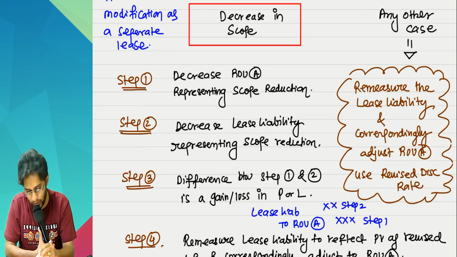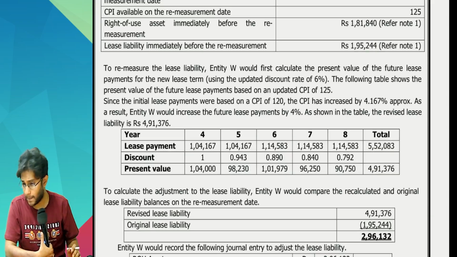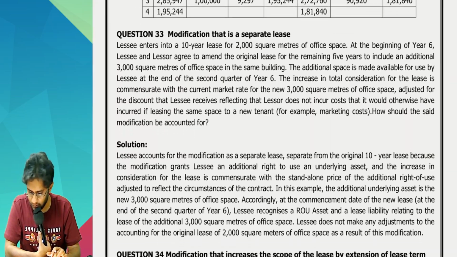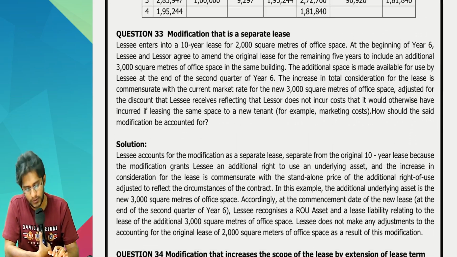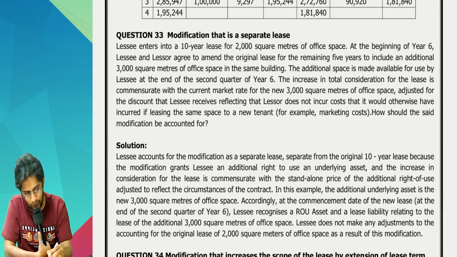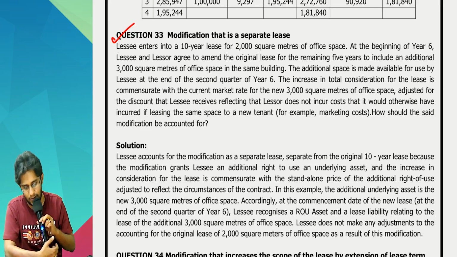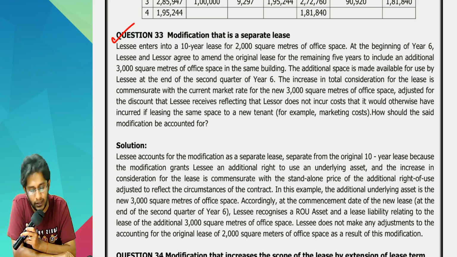Let us do questions on decrease in scope. Sir, question number 33 we need not solve, but just read the question once. Lessee enters into a 10-year lease for 2000 square meters of office space.